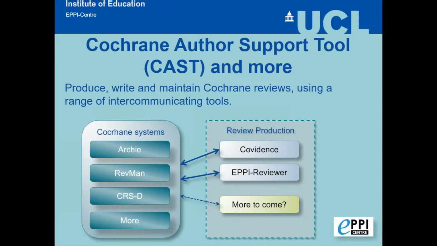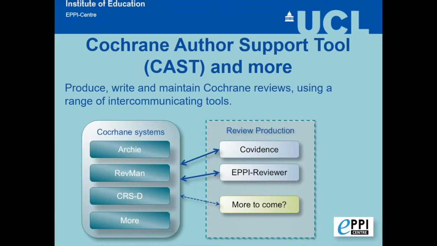That means the data you input into EPPI Reviewer, and this is currently being developed, can be moved behind the scenes between EPPI Reviewer and the emerging Cochrane systems, so that there's quite a seamless transition.